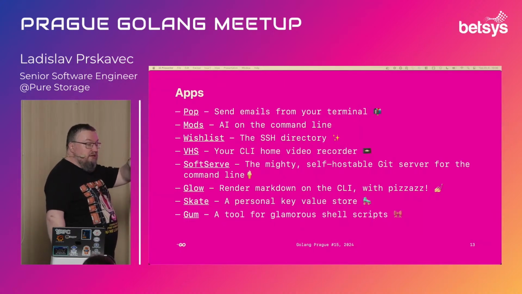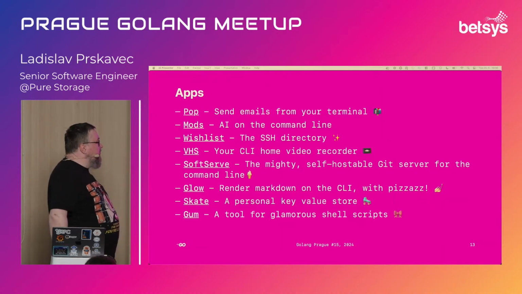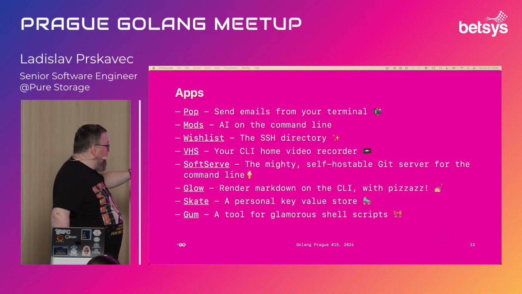You can read READMEs from the command line, and it gives you more than a normal Git server. Glow is a CLI for rendering Markdown on the CLI. We will use a library that's using this in our demo application.